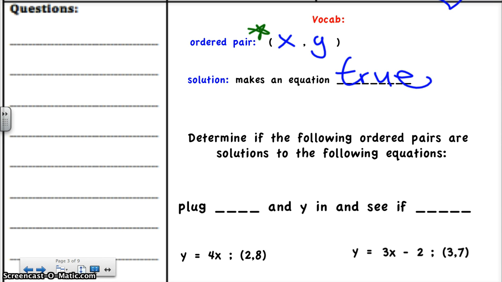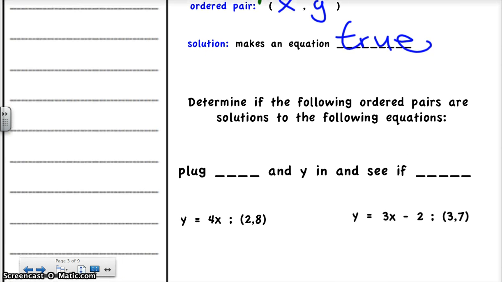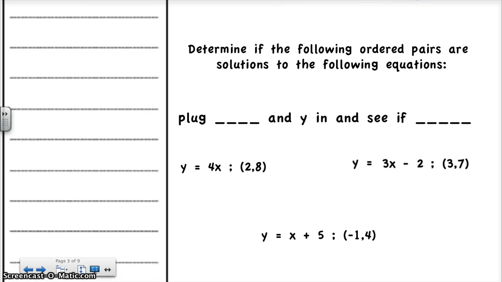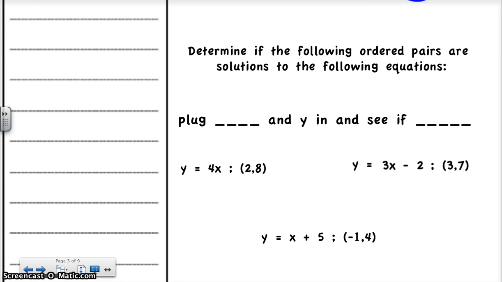And you've done evaluating before, you can do this. To determine if ordered pairs are solutions to an equation, you just plug the x and y in and see if it's true. That's all you do. You plug the x, you plug the y in, and you see if it's true.